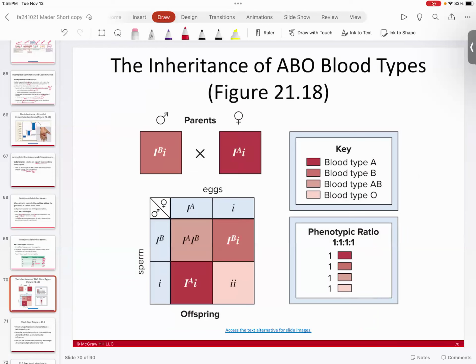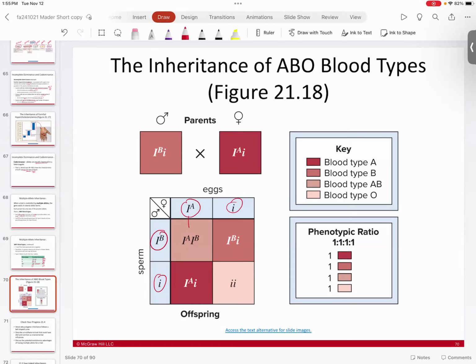So if you take a look at some of the genetics of blood typing, in this particular case, you have a B-type parent who is heterozygous, paired with an A-type person who's heterozygous. Then the A-type mother is going to produce either the big A or the little i. Those are the two gametes, the two eggs that she can make. The dad's going to make the big B or the little i. Those are the two sperm that he can make.